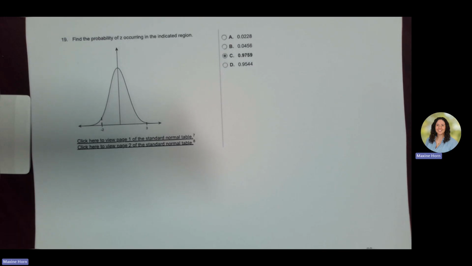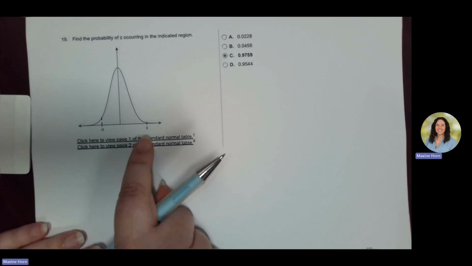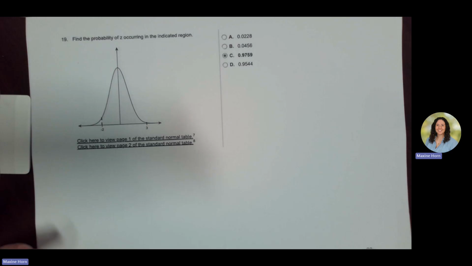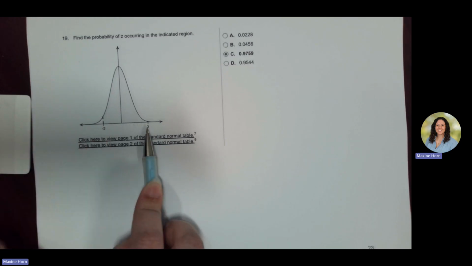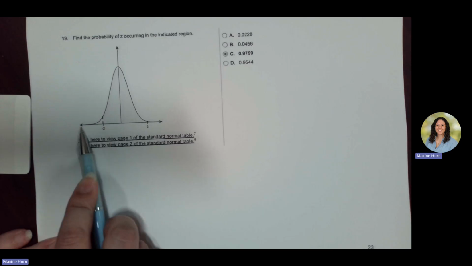Find the probability of Z occurring in the indicated region. And again, they've given us the table. So again, let's pick another highlighter color. And so we did a problem similar to this before. We want in between these two. So we're going to do the area to the left of the one that's farther to the right. So we're going to do the area of this.